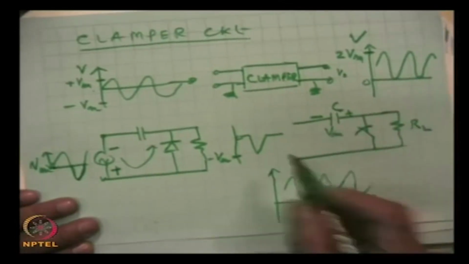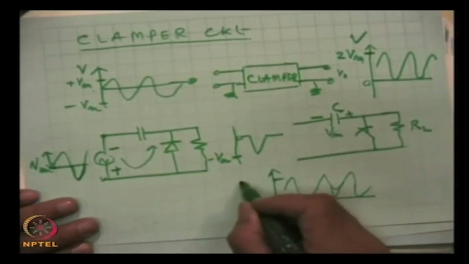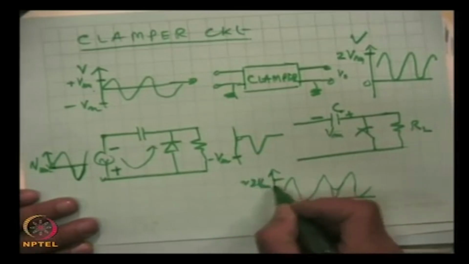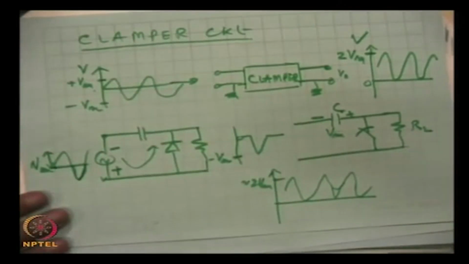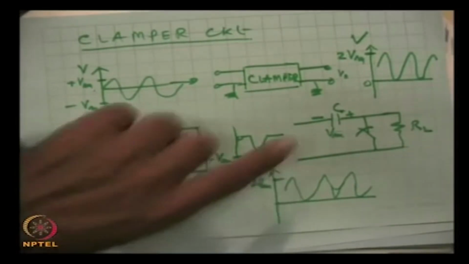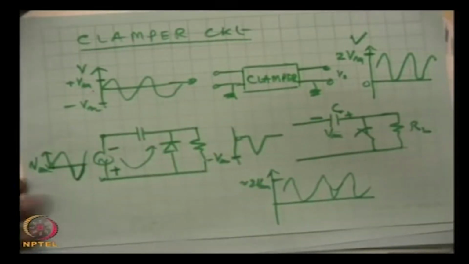That is better drawn. This is almost equal to 2 Vm, and this way we have shifted the level of the wave. Very widely used clamper circuits. So, this way we talked about some of the applications of diode in a circuit.